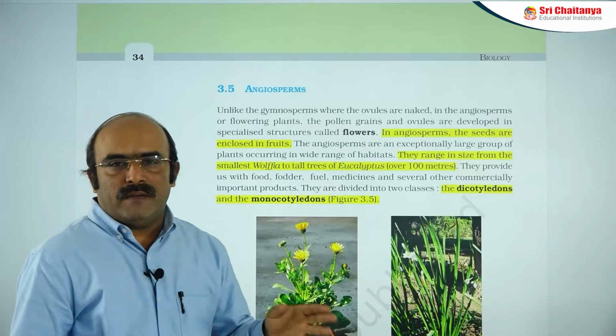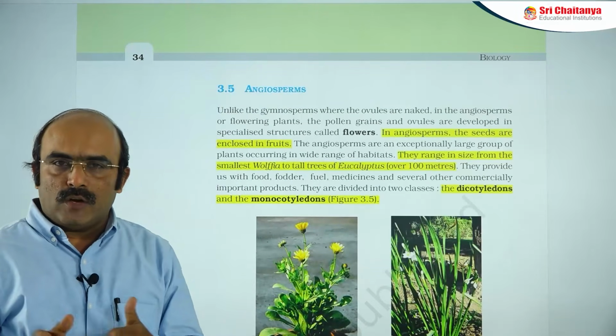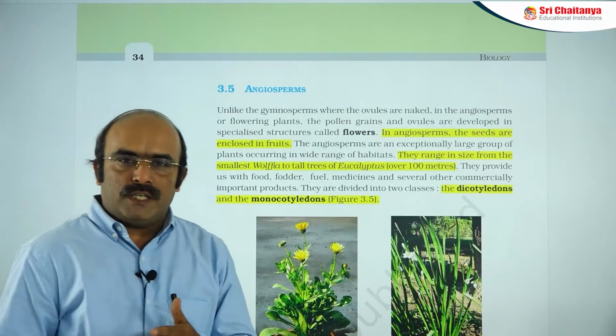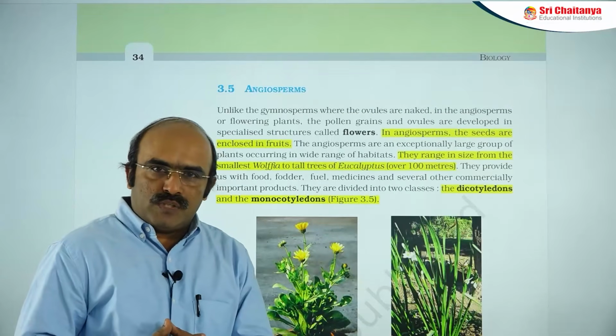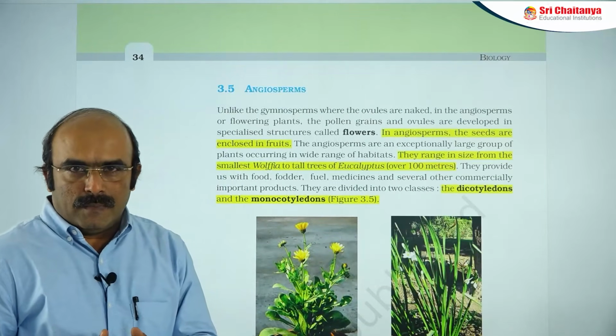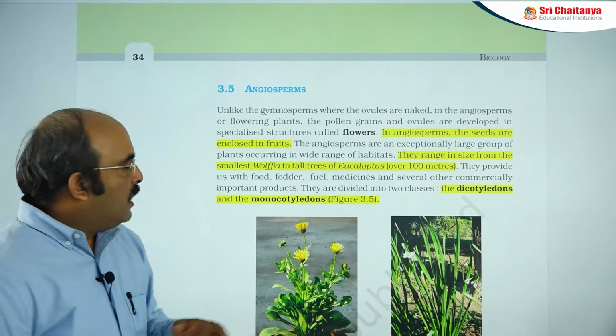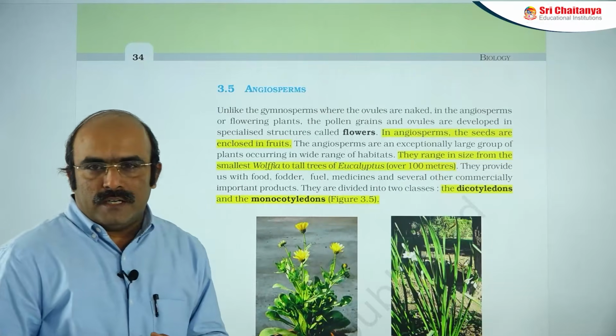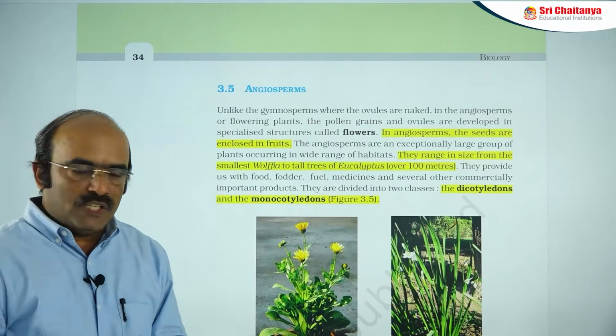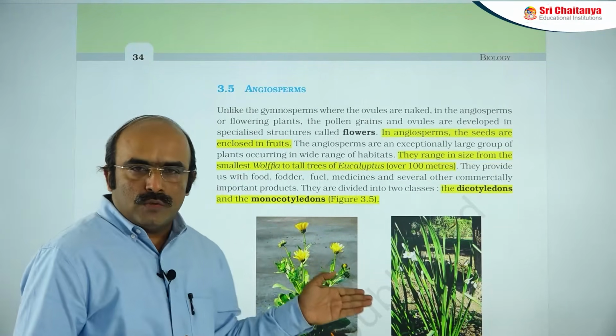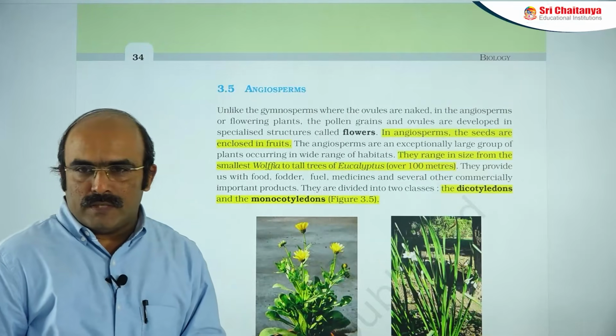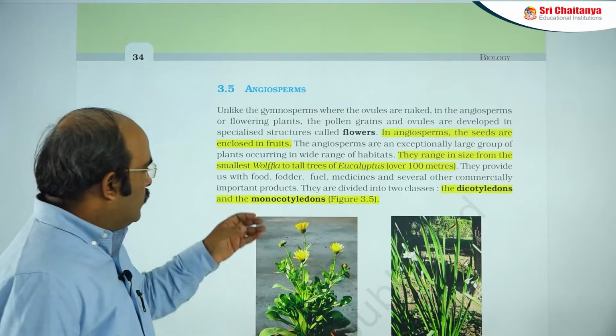And these angiosperms are divided into two groups: dicotyledonous plants which have reticulate venation, taproot system, tetramerous or pentamerous nature of flowers, and you could also see monocotyledonous plants which have parallel venation, and also you could notice they have trimerous flowers with regard to the nature.